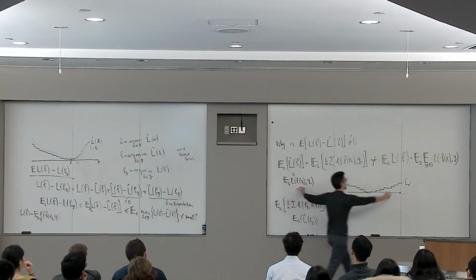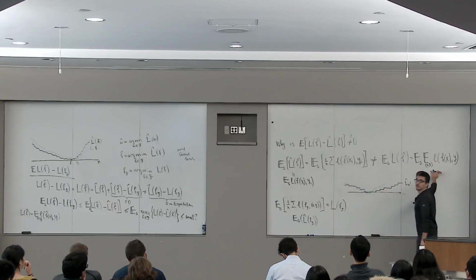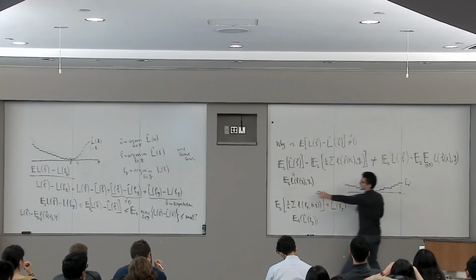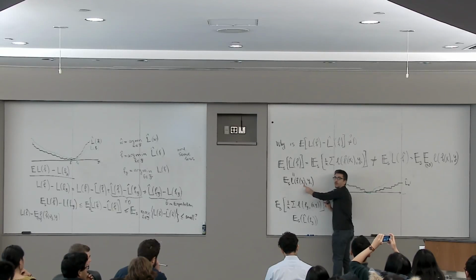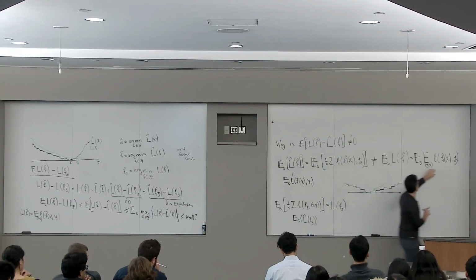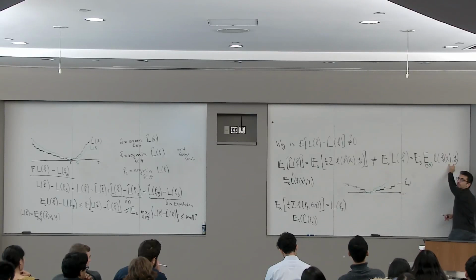And that's not the same as this. The reason is because here we train on the data and evaluate on that same data, but here we're training on the data and evaluating on the new point.